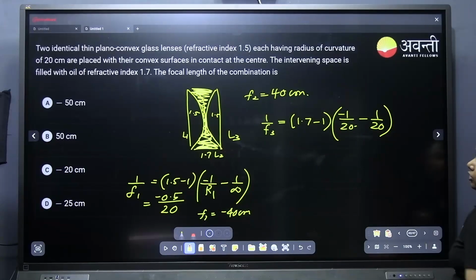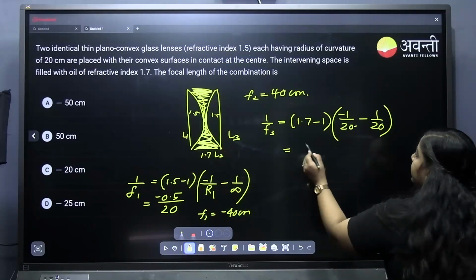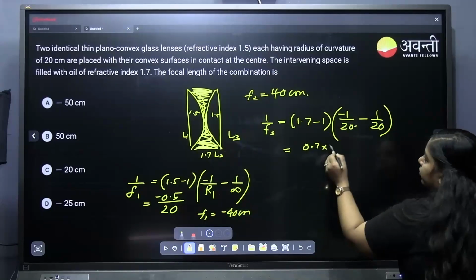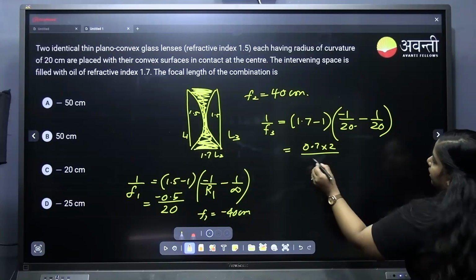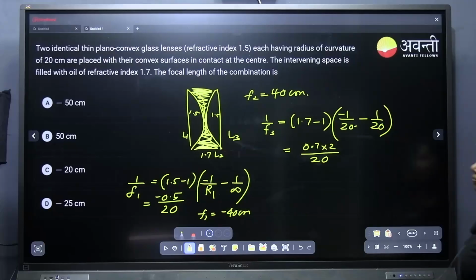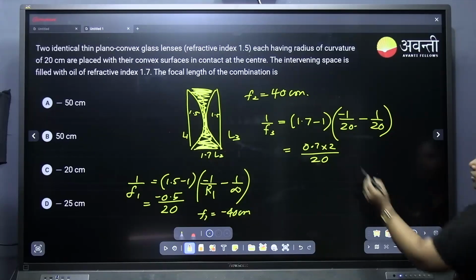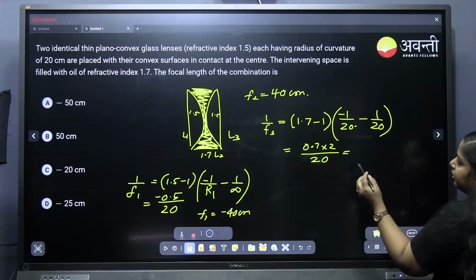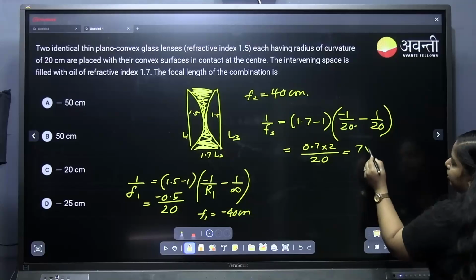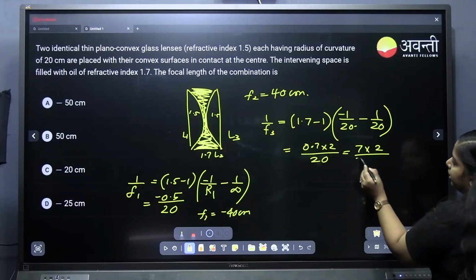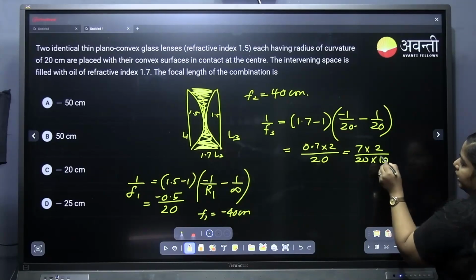So the final value will be 0.7 into 2 divided by 20, which is 7 into 2 divided by 20 into 10.